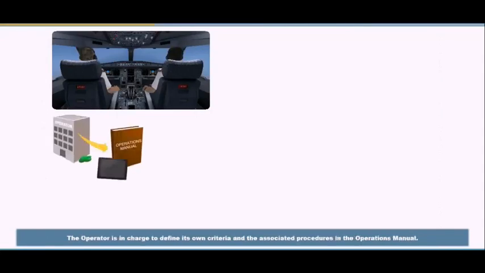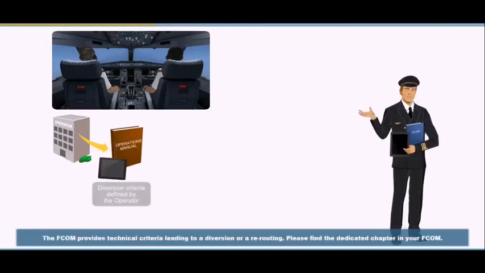The flight crew must be aware of the criteria leading to a diversion or a rerouting during an ETOPS flight. The operator is in charge of defining its own criteria and the associated procedures in the operations manual. The FCOM provides technical criteria leading to a diversion or a rerouting.